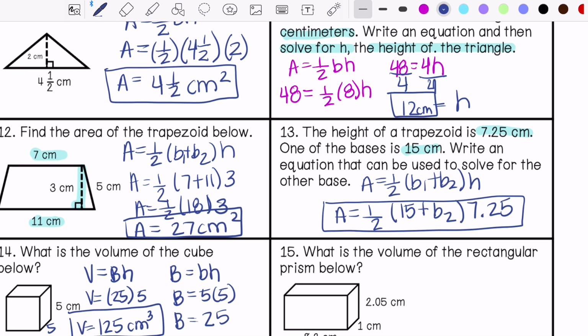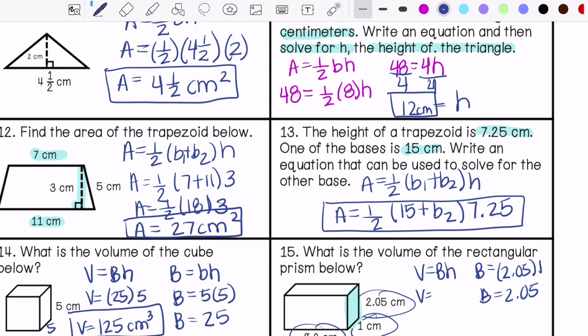Number 15. What is the volume of the rectangular prism below? My base is here. You can also use this base. It doesn't matter in a rectangular prism, but in a triangular prism it would. We have V equals big B times H. Big B, we're going to do 2.05 times 1, which is 2.05.